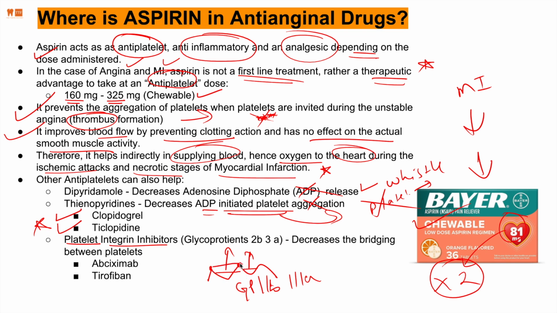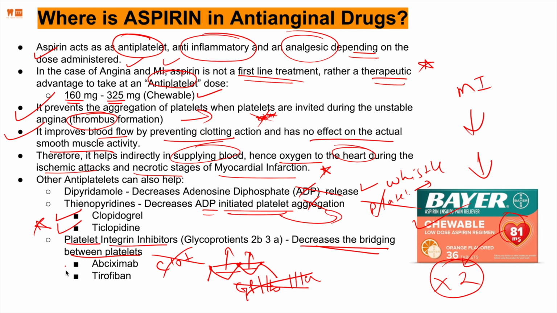It's like a glue, bridging. Therefore, the platelet integrin inhibitors, things that block the GP2B3A, block that bridging, the glue action between the platelets. Therefore, no platelets can touch each other, so no clot.